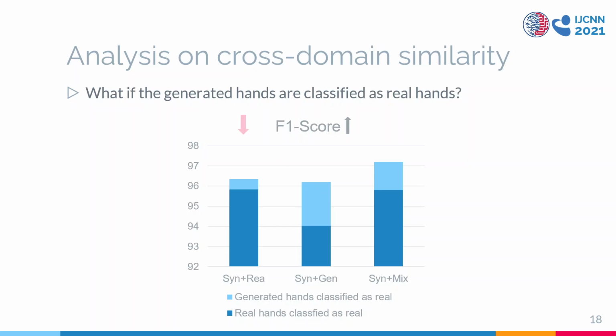For instance, the leftmost bar represents a classifier trained only on synthetic and real images of hands. At this stage, the classifier doesn't know what the generated hands look like. If most of the generated hands are classified in the real class, we assume they approximate the real domain of hands. This is precisely what happens. Also, when using generated hands in the training set, results are even better.